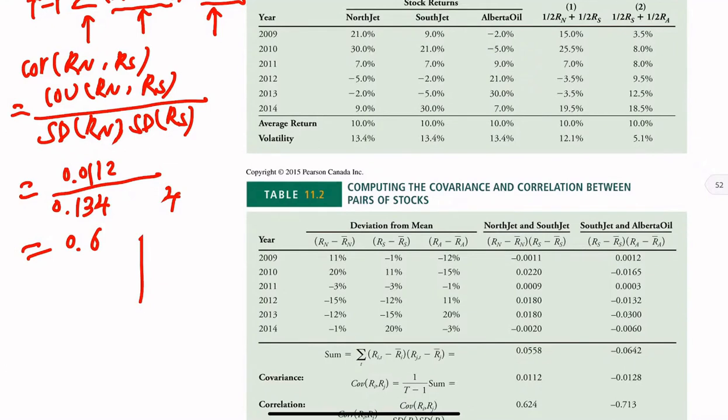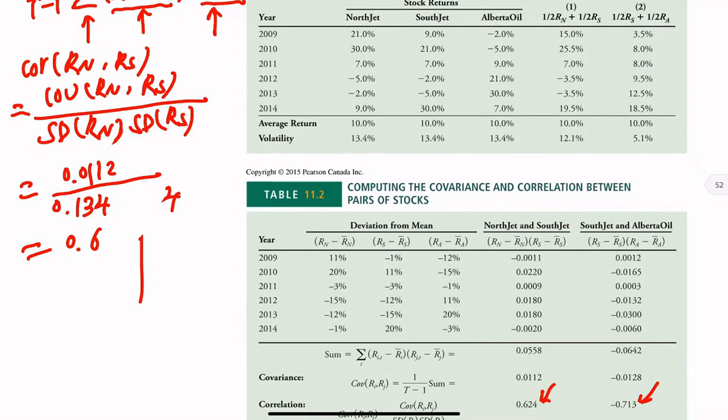First, you can see that you have different kinds of correlations. This correlation is positive and kind of large. This correlation is negative. So basically this tells you that the return of North Jet and the return of South Jet tend to move together. And the return of South Jet and Alberta Oil tend to move in the opposite direction.